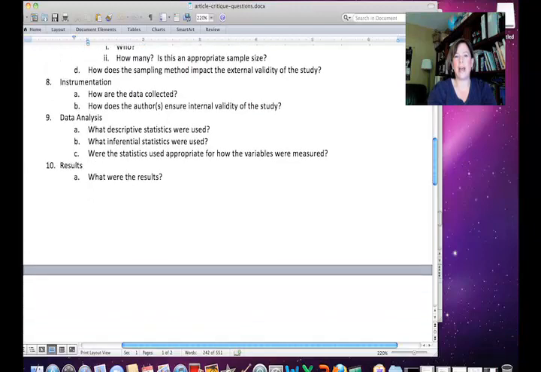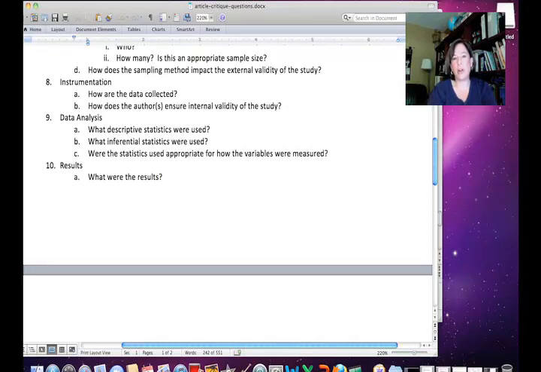Instrumentation. How does the author intend to collect the data? Is it surveys? Is it through interviews? Is it focus groups? Is it through observation and tally sheets? Is it through field research? Describe how the author intends to do that, because they need to describe it. They need to describe the procedures for how the data are collected in detail.